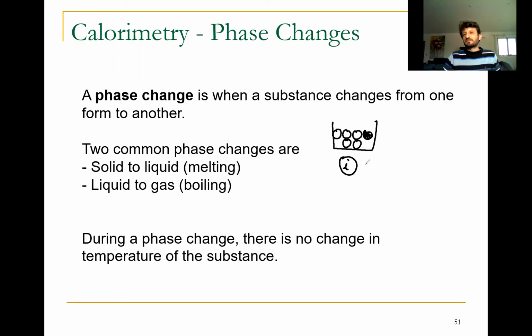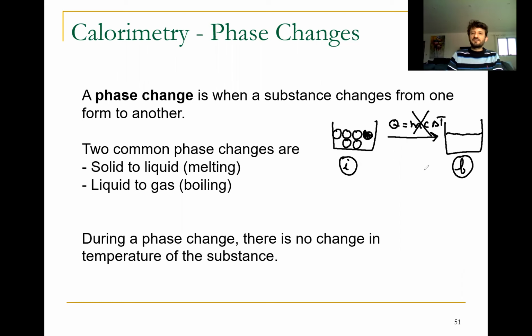We give some quantity of heat. Here we have a phase change. We finally get water. We have a phase change between the initial state and the final state. In this case, we cannot use Q equals mc delta T, because we have a phase change.